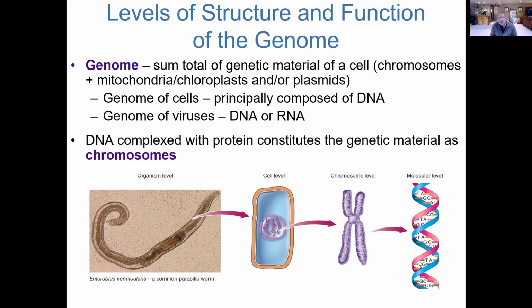But we'd have to also remember from the endosymbiotic theory that our mitochondria and our chloroplasts in plant cells also have DNA in them as well, which is a throwback to the fact that at one time, billions of years ago, remember we said that those present-day organelles were at one time standalone prokaryotic cells. So you can go back in that chapter and read about that if you want to review that.